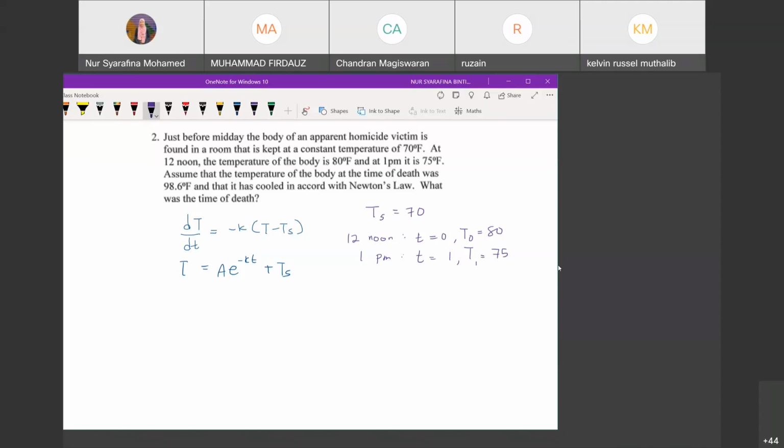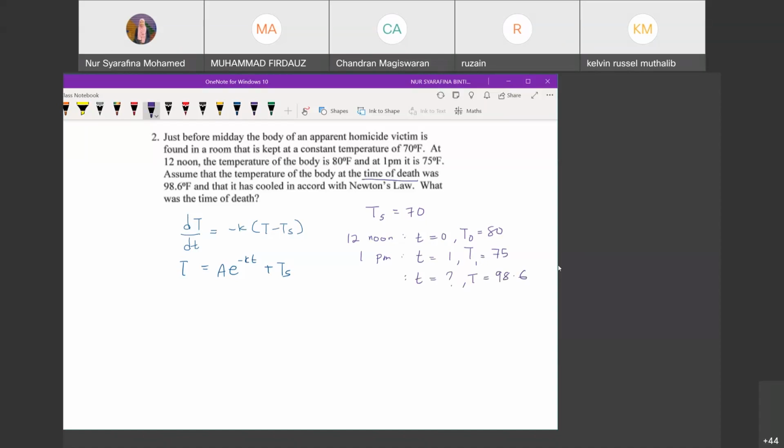Right? So assume that the temperature of the body at the time of death is 98.6, which has cooled in accord with Newton's law.